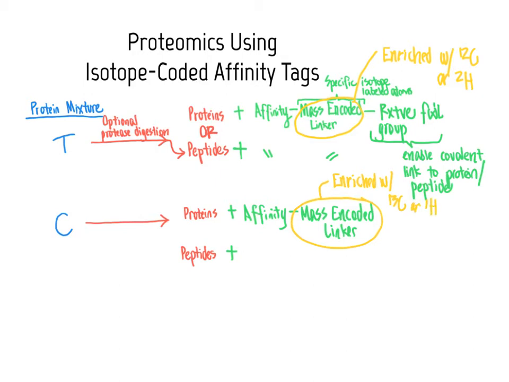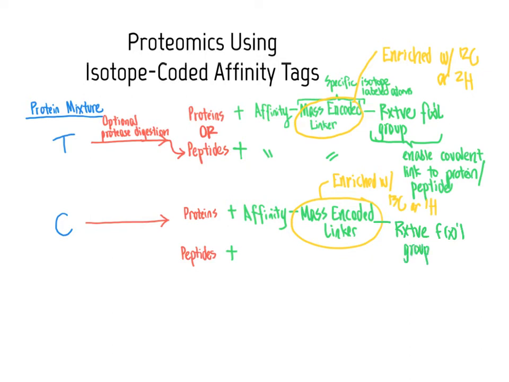And hence, the tags that we are using for the treatment versus the control would behave the same chemically, because different isotopes will behave approximately the same chemically, but they will have different mass to charge ratios when evaluating by mass spectrometry. And then we finally have that same reactive functional group that we had up top for our treatments.